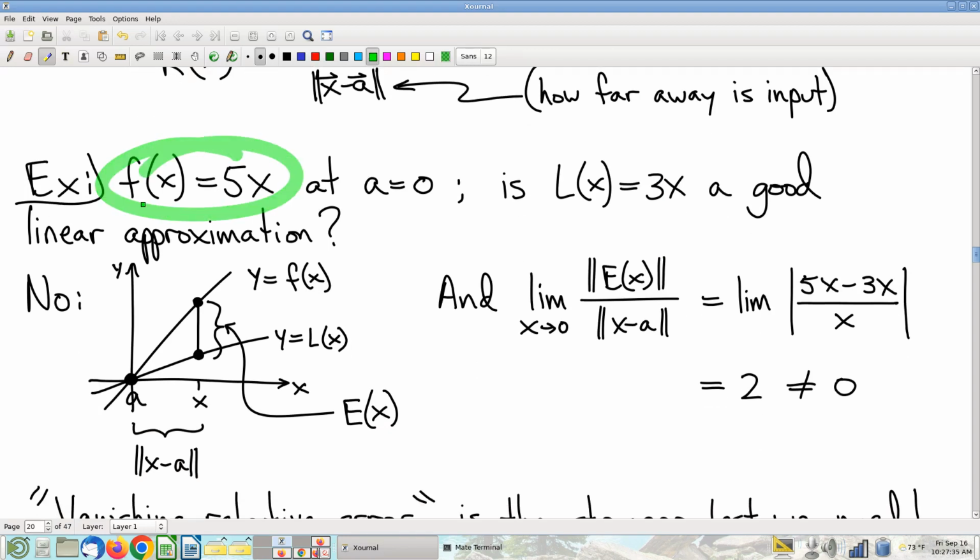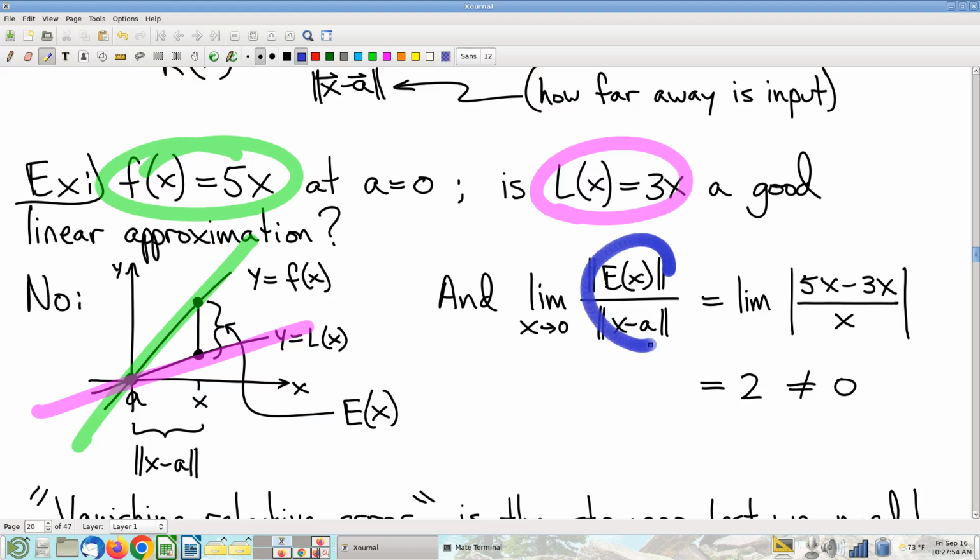We were looking at this function, which has that graph. We were looking at this as a candidate linear approximation, obviously poor, but nevertheless, error does approach 0. But this relative error thing, if you look at the relative error there, the relative error is a hard thing to draw a picture of.